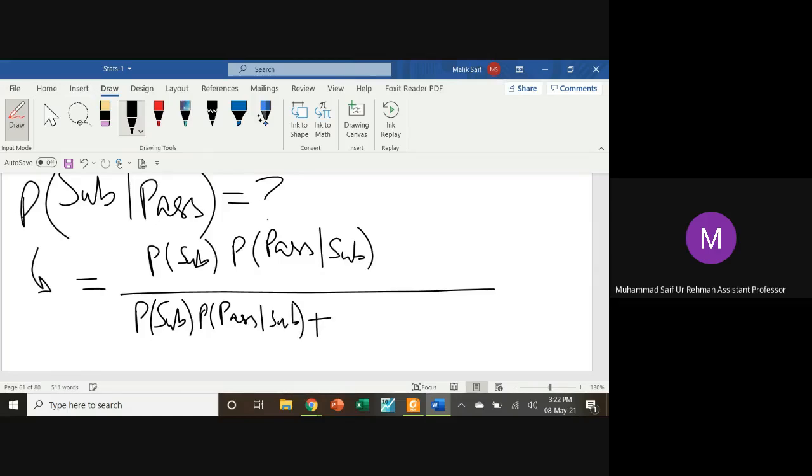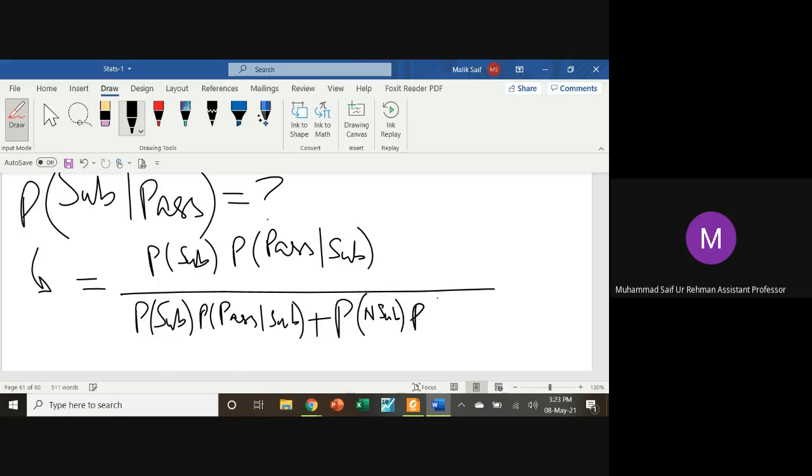And plus, now you have to write down the other event. And what will be the other event? The possibility is that if you are using submission here, then here you will use non-submission. So let me write down the probability that the student did not submit the assignment, right?